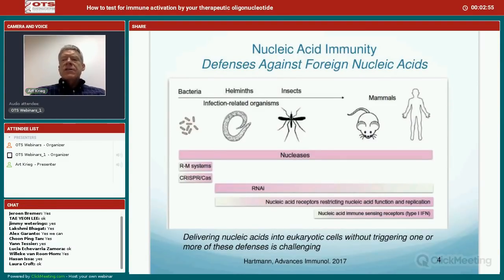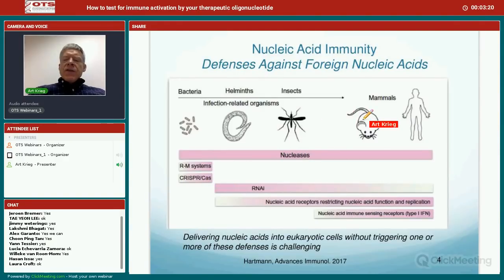Viruses, retroviruses, inject their genetic material into other cells. And if you don't have any defenses against that foreign genetic material, you're an evolutionary dead end. And so as far back as bacteria and very primitive organisms, there are mechanisms to prevent foreign gene expression. Nucleases are one type of these. The CRISPR-Cas system, of course, another great example.